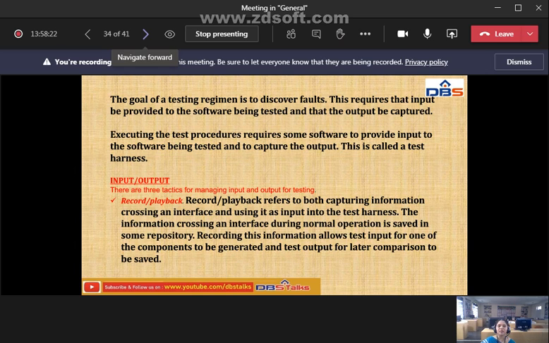The information crossing an interface during normal operation is saved in some repository. Recording this information also allows test input for one of the components to be generated and test output to be saved for later comparison. That is record and playback.